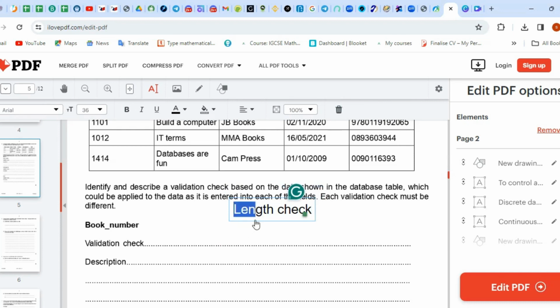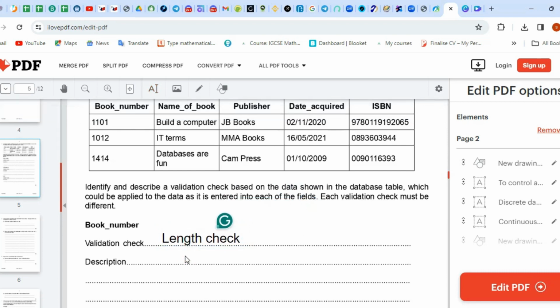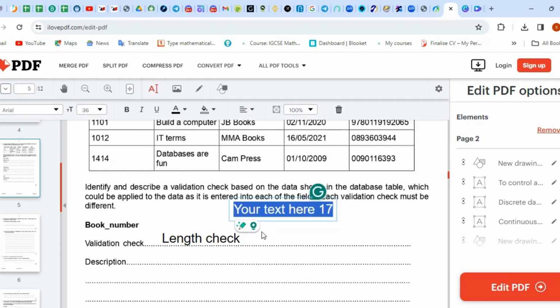So what's the description for length check? Good. Length check does what?